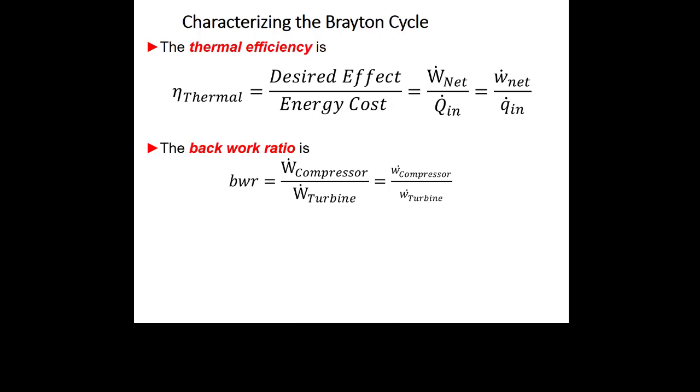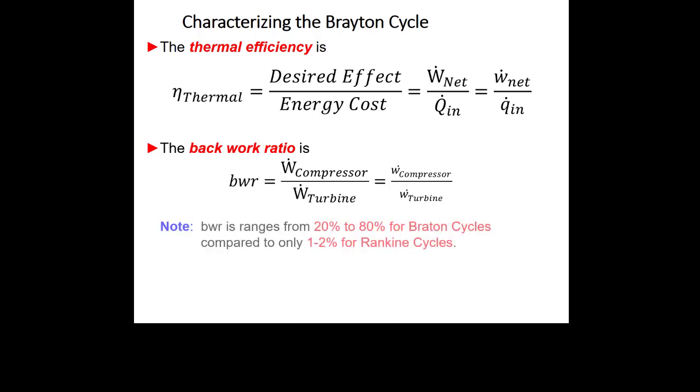Now remember, the back work ratio is sort of recognizing the fact that the power plant is the first consumer of the power from the power plant. Right? So that in order to run the power plant, you have to run the compressor. Right? So this is the compressor power divided by the turbine power.